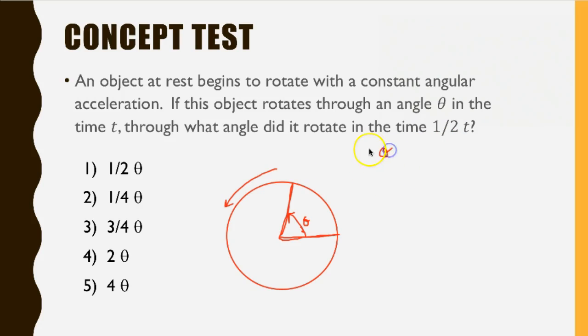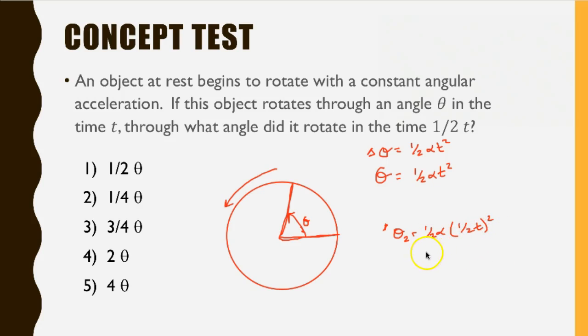Let's look at this. I know that this is true if it starts from rest. Well, let's just say that it starts at 0, so theta equals 1/2 alpha t squared. Let's see what happens when I plug in half the time. So we'll call this theta 2: 1/2 alpha times 1/2 t squared.